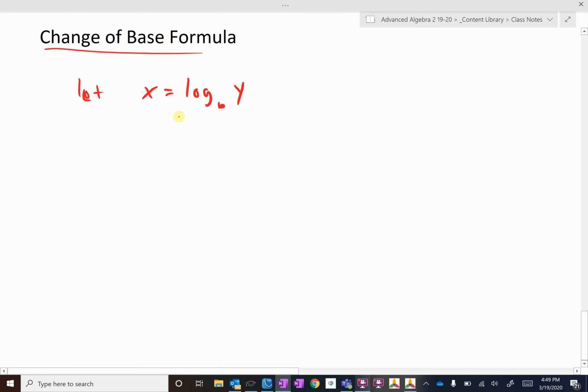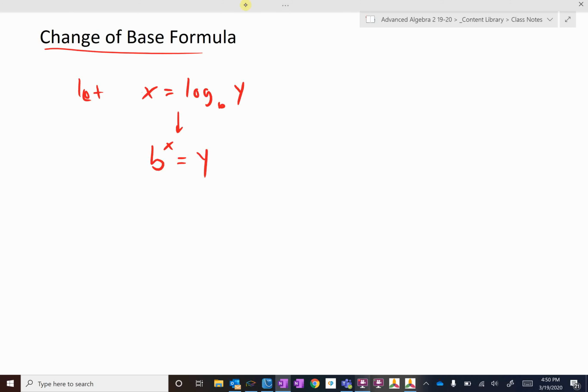In other words, if I wanted to convert this back to exponential form, remember we have base, power, exponent. Okay, so we can rewrite this as b, the base, to the x, the exponent, is equal to y, the power resulting from raising b to the x power. So we know y equals b to the x just from basic conversion between exponential and log forms.